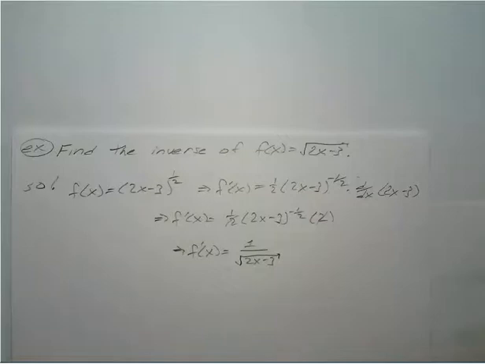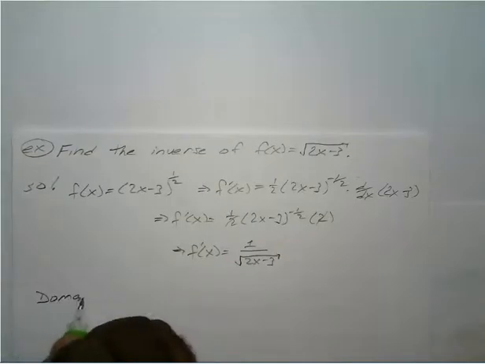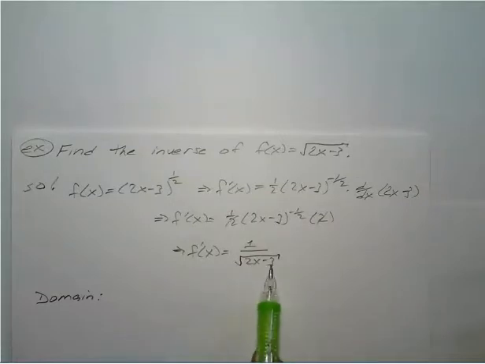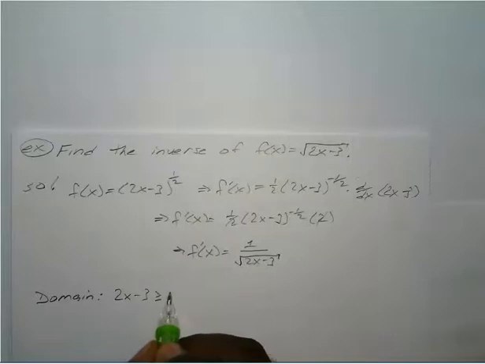So what does this tell us? Well, this tells us the domain. We know that the denominator can't equal 0, and it can't be negative, because once you get into negative square roots, you're no longer in real numbers. So we know that 2x minus 3 has to be greater than, well, actually just greater than 0.